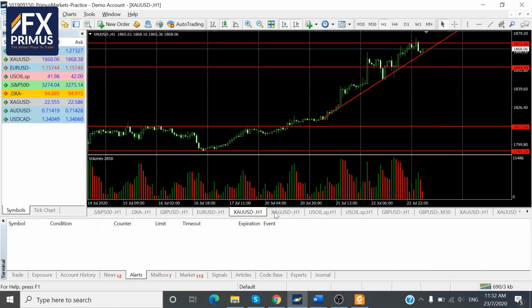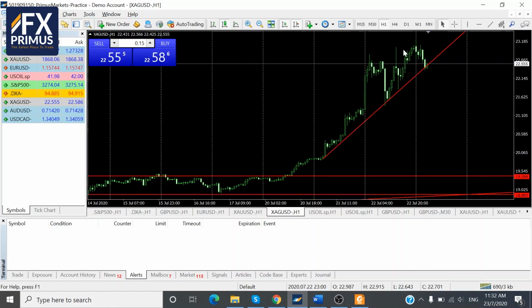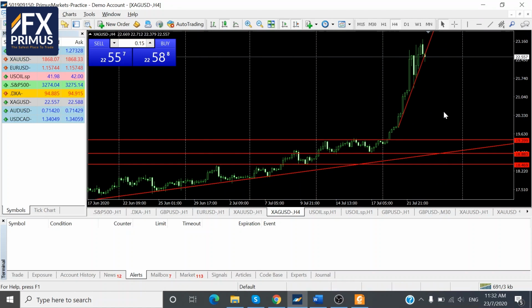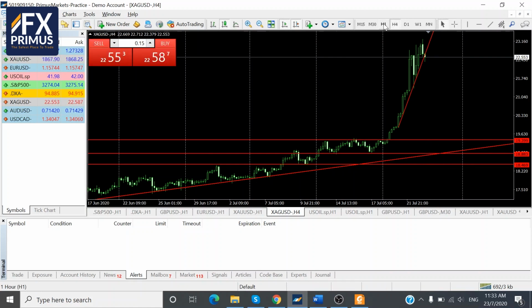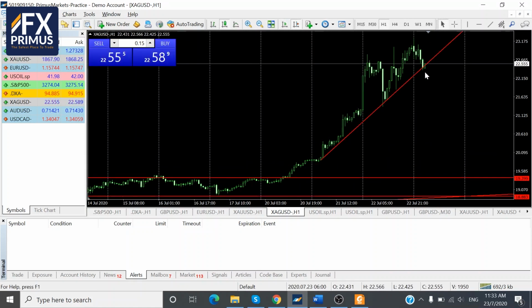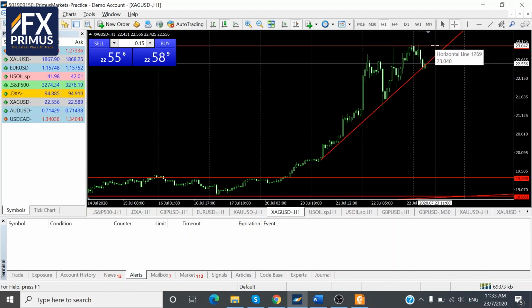Okay, so moving on to silver prices, again, we do see the silver prices at the multi-year highs, touching a high of $23.22, and currently again it is mirroring the movements of gold prices. Okay, so to the high side, we are looking at resistance of $23.05, which is another about 50 cents away on the upside.